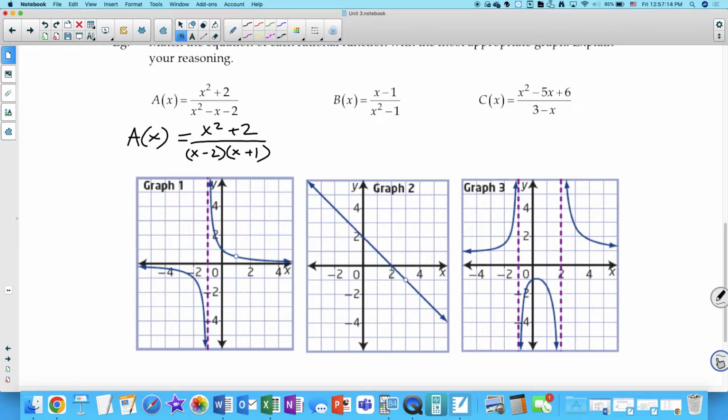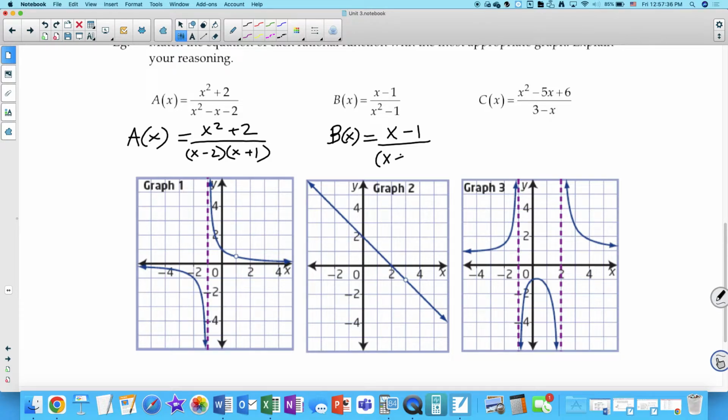Okay, let's look at this next one. Can I factor, well, the numerator is already factored. There's nothing to do there. Can I factor the denominator? Yeah. It's a difference of squares.